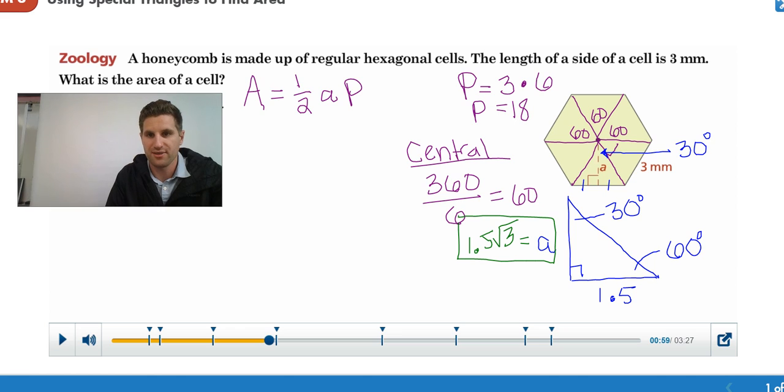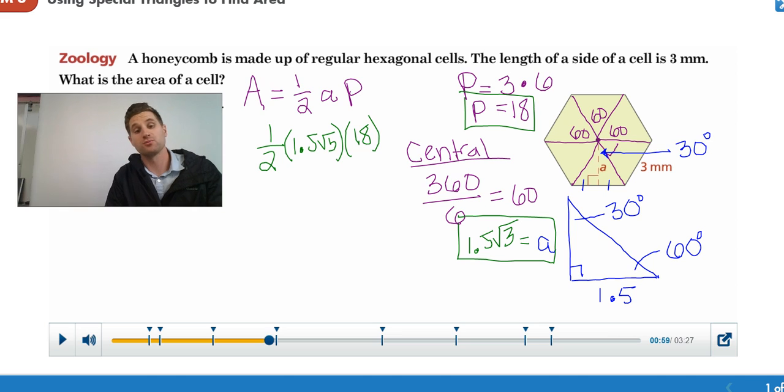So we have our apothem, we have our perimeter. Now we just go ahead and solve. So we get 1/2 times 1.5 root 3 times 18. Okay?